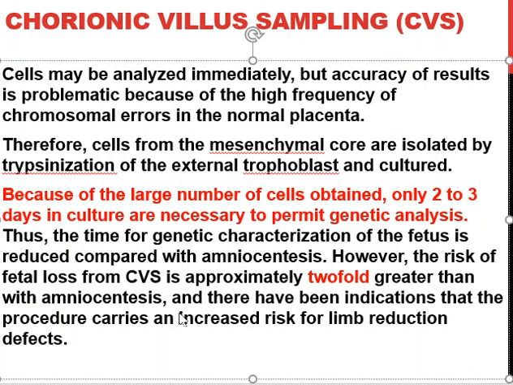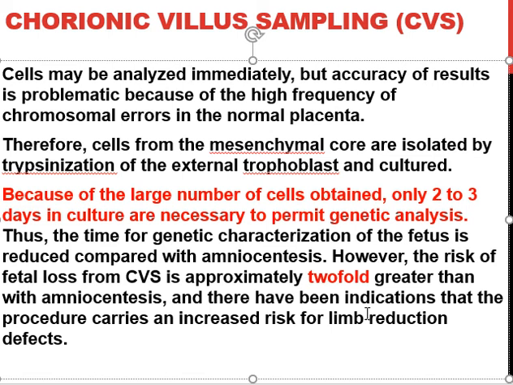However, the risk of fetal loss from chorionic villus sampling is approximately twofold. So, risk is twofold, but the time for characterization of the genetic problem is reduced as compared to the amniocentesis.